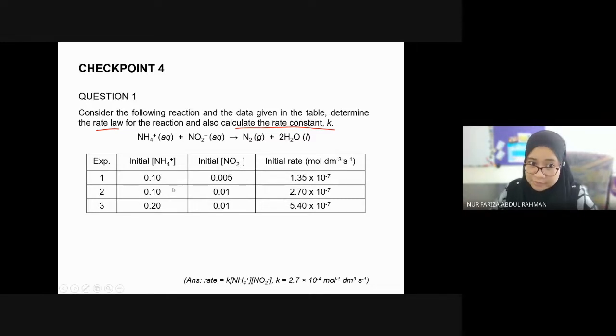Don't just simply mix up everything because you won't get the answer. If you try to calculate the rate constant using experiment 1, and then try to calculate using the data from experiment 2, experiment 3, you should get the value for the rate constant. The value should be almost the same because we are calculating for the constant. So the value should be constant by right, right? Okay, let's check the answer, okay?